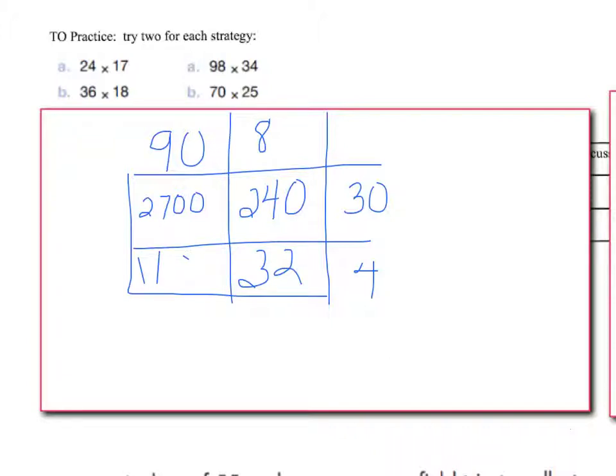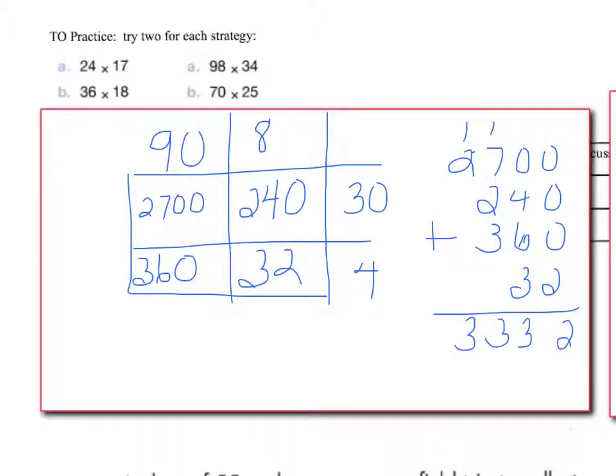Now I need to add all of those numbers. 2,700, 240, 360, and 32, and I would add those up. 2, 6 and 4 is 10, plus 3 makes it 13, carry the 1. 7 and 3 are 10, and 1 and 2 is 3. 10 plus 3 is 13, again carry the 1, and 2 plus 1 is 3. So 3,332.